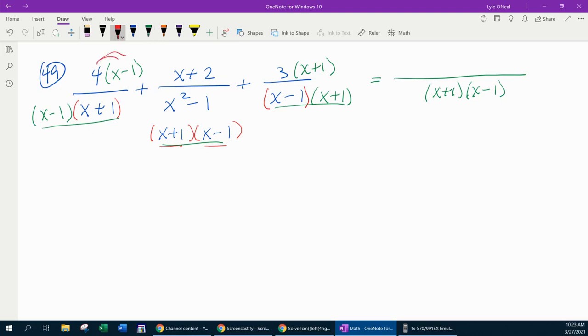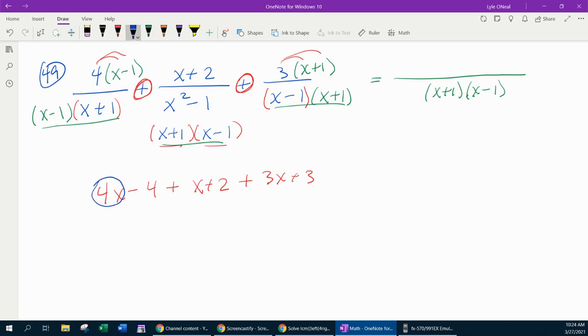So the 4 is going to distribute, and the 3 is going to distribute. That's going to give us 4x minus 4 plus the middle numerator, x plus 2, plus 3x plus 3. Remember, the 3 and the 4 have to distribute. And then all you've got to do is a little CLT.